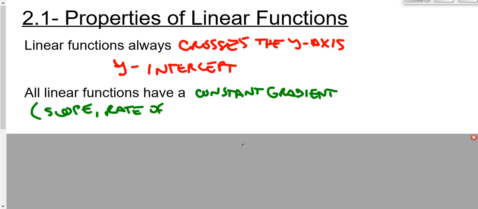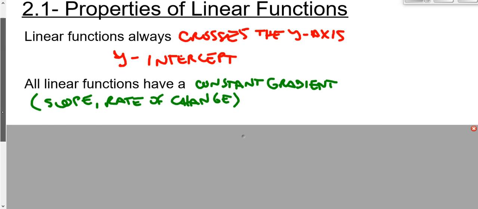They all have a constant rate of change. And what that means is that it's going to be at the same angle the entire time we have this function. So if our function's going uphill, it's always going to be going uphill with the same steepness, at the same rate, the same rise over run the entire time. It's never going to change direction. It's never going to go uphill less quickly or more quickly. It's always going to be a constant rate.